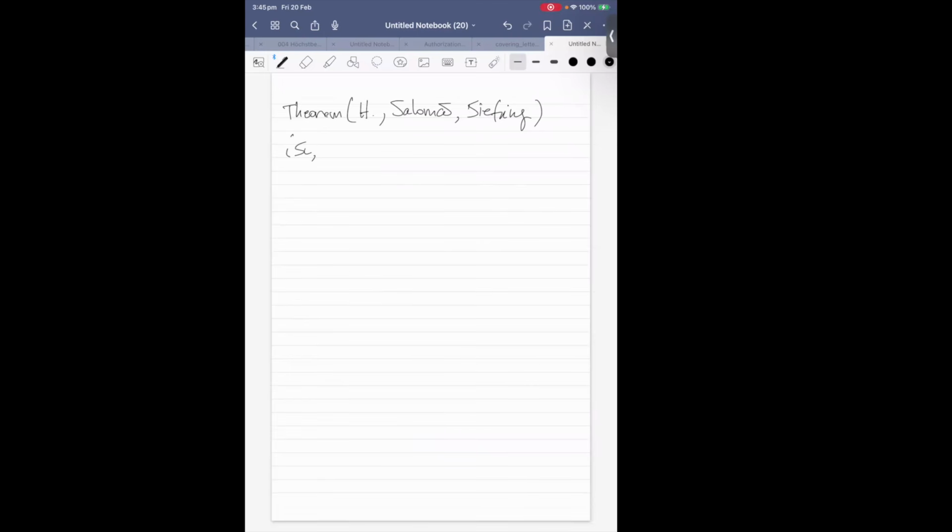So here, omega is a dynamically convex star-shaped domain.